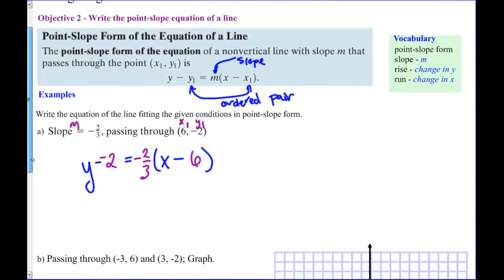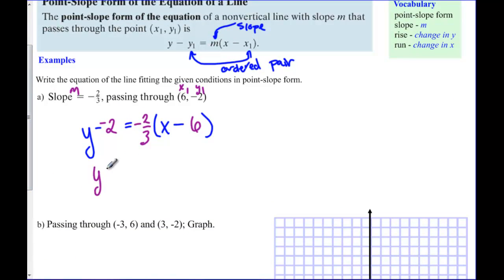So I'm going to simplify that to be y plus 2 equals negative 2/3 onto x minus 6. But because they want it in point slope form, I'm going to leave it there. So it's not that much work, right? Just plug a little bit of stuff in and make sure we get our signs right. So I'm going to let you all try B. The B is, of course, harder, so you're welcome.